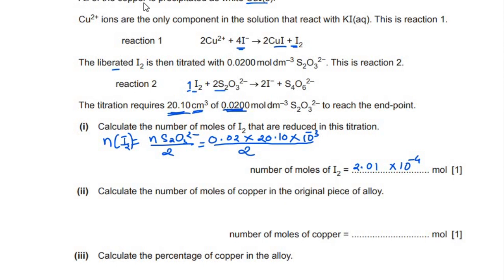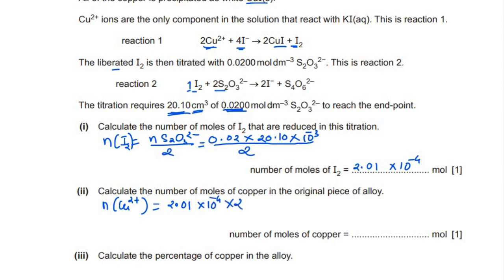Now, if you have a look at the moles of iodine and copper, the copper ions are twice. So again, the moles of iodine has to be multiplied by 2 to get the moles of copper. So let's calculate the moles of Cu2+. That is 2.01 × 10^-4 multiplied by 2.